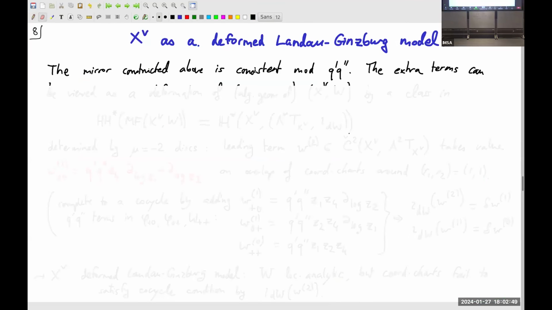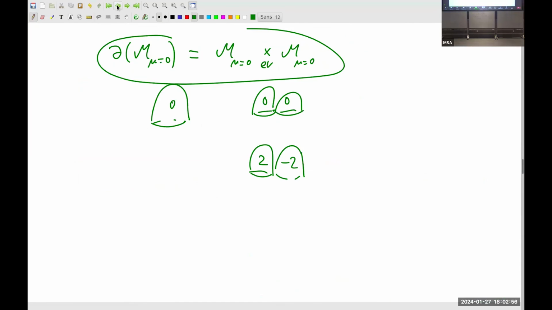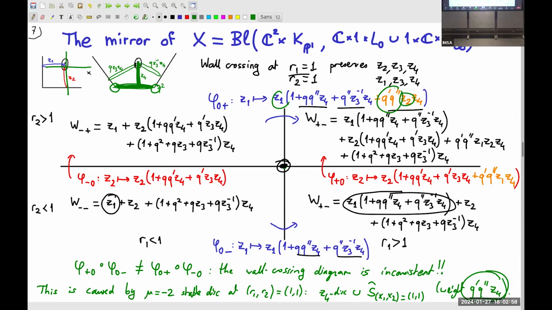So the first observation, which would be easier if you had still the whole picture there, is that the only inconsistent terms are those terms that involve Q prime, Q double prime. So mod Q prime, Q double prime, if you imagine that contributions of things that have proper transforms of the spheres would go away, you wouldn't see a problem.